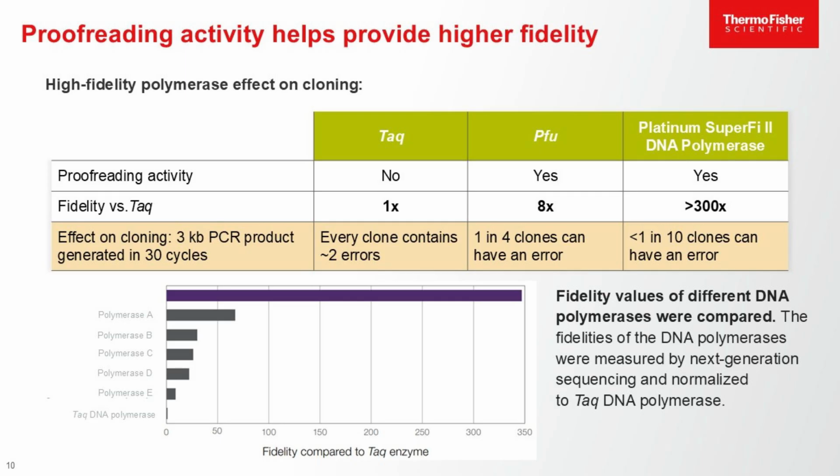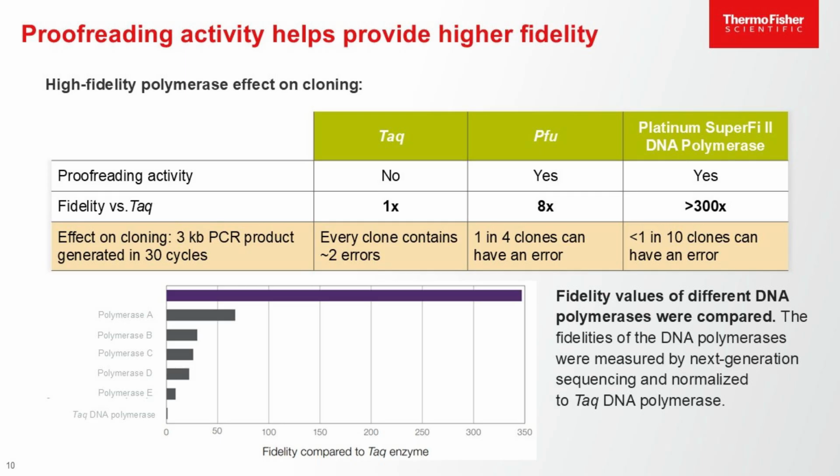The terms accuracy and fidelity refer to the number of incorrect nucleotides that a polymerase incorporates into the newly synthesized strand, and these errors are subsequently propagated in all subsequent copies.